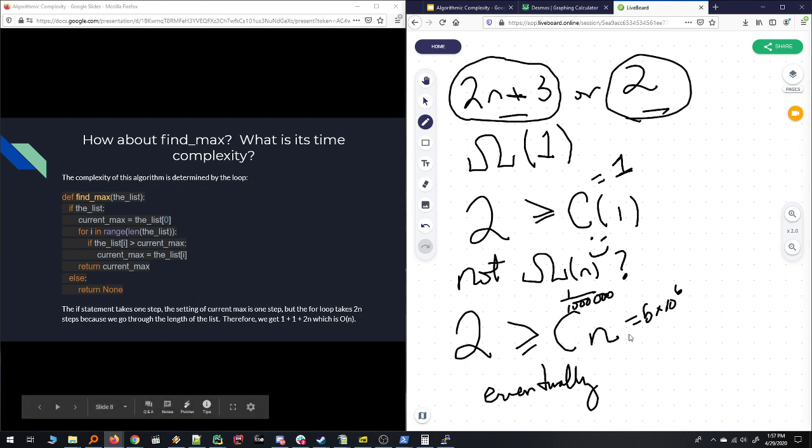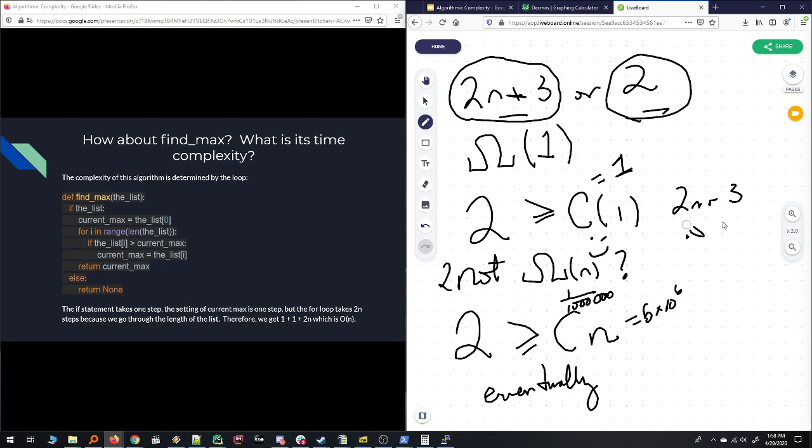So we can't say the whole algorithm is big omega of n. All I'm saying is that 2 is not big omega of n. Though 2n plus 3 is definitely big omega of n, and because it's big O of n and big omega of n, 2n plus 3 is actually big theta of n.